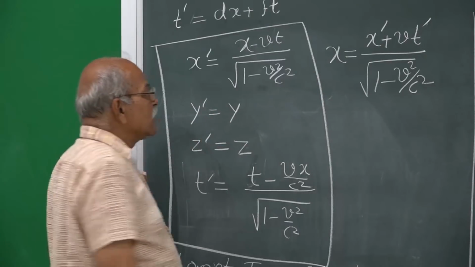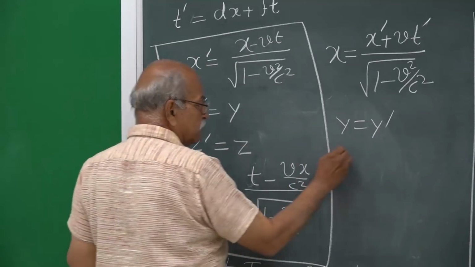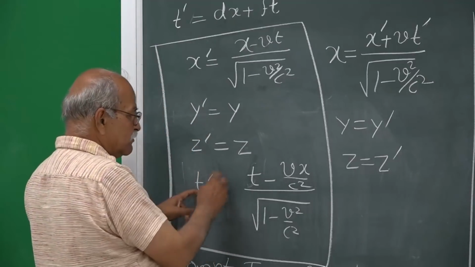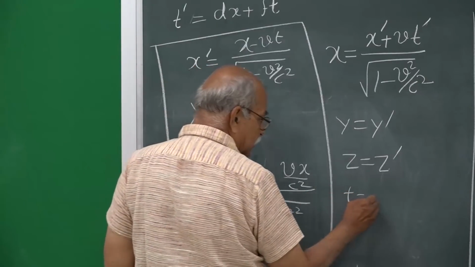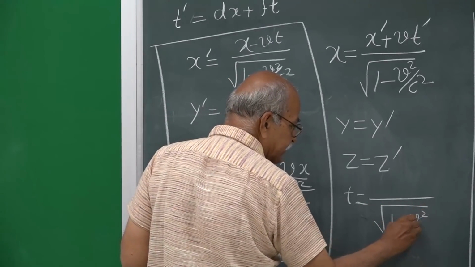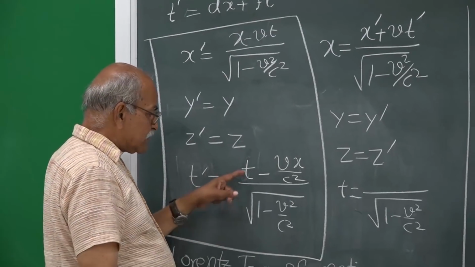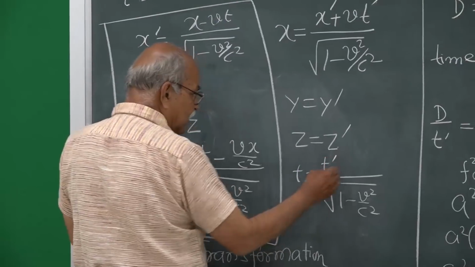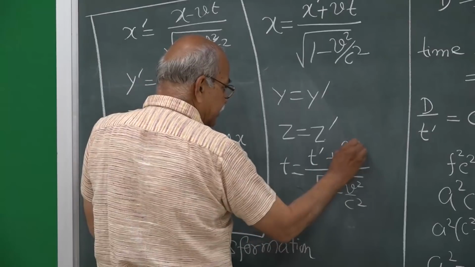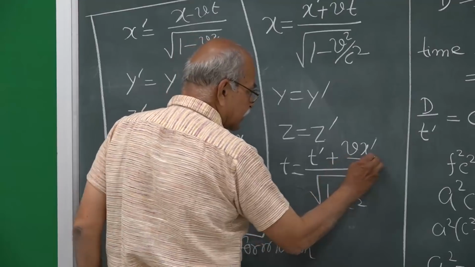Y prime equal to y will become y equal to y prime, z prime equal to z will become z equal to z prime, and here once again t. You have that same factor 1 minus v square by c square, and then t prime in place of t, and minus v will become plus v, so plus v into x prime by c square.